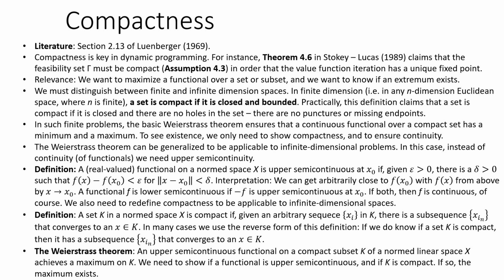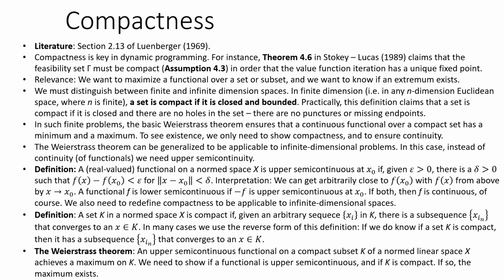The other key concept or definition we cover now is compactness. Again, this is key in dynamic programming. For instance, please go back to Theorem 4.6 of the Stokey-Lucas textbook. It claims that the feasibility set must be compact, which is ensured in Assumption 4.3, in order that the value function iteration has a unique fixed point.